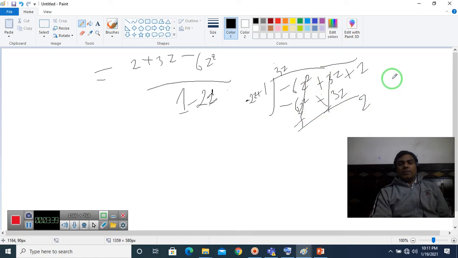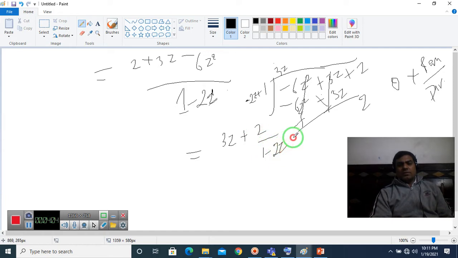So we know that we can write quotient plus remainder upon divisor, there is a formula. So we write in this way: 3z plus quotient, remainder 2 upon 1 minus 2z.